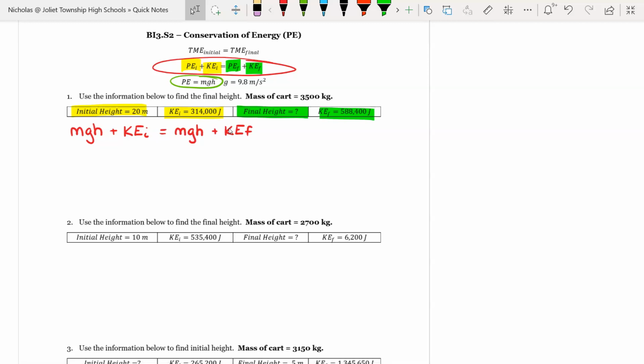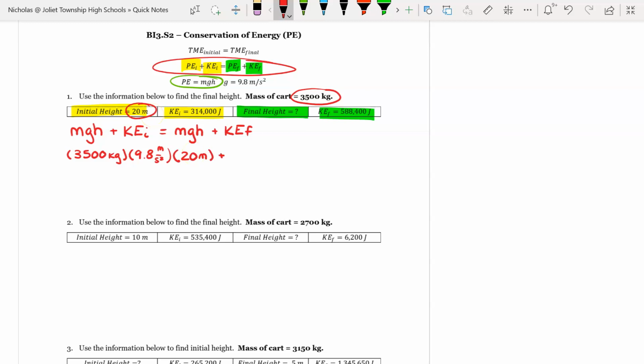All right. In the question, it tells us that the mass of the cart is 3,500 kilograms, so I'm going to start to fill this in. 3,500 kilograms. g is always 9.8 meters per second squared. And the initial height, which is given in the question, is 20 meters.